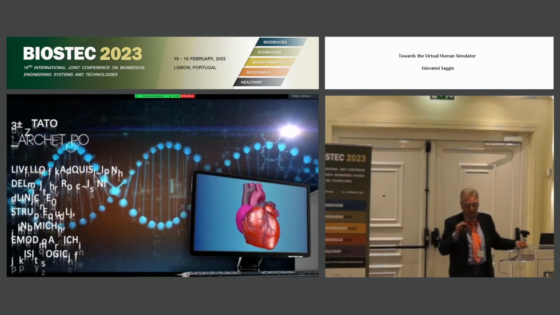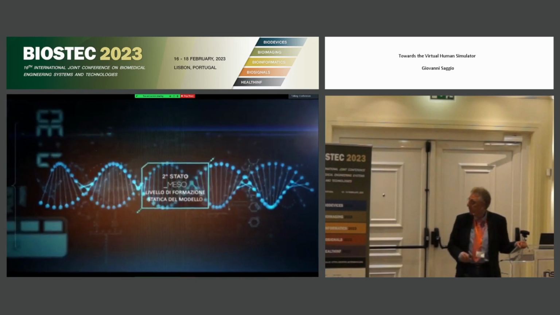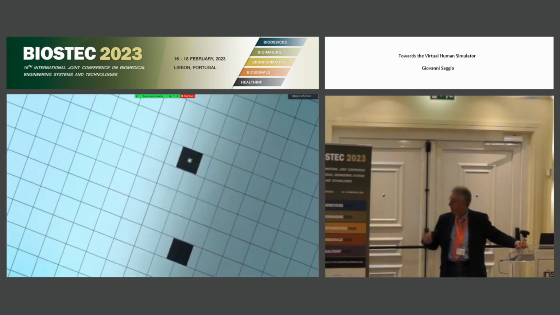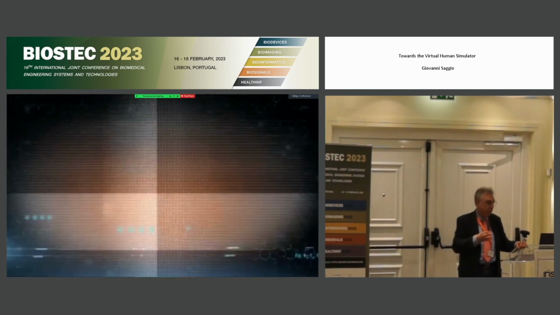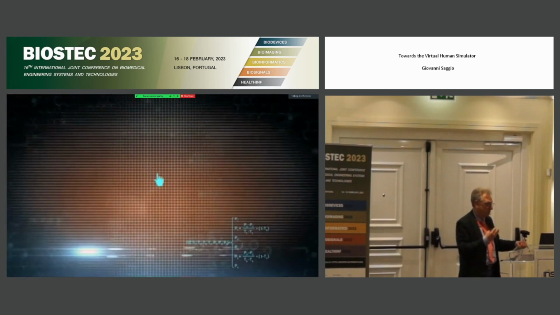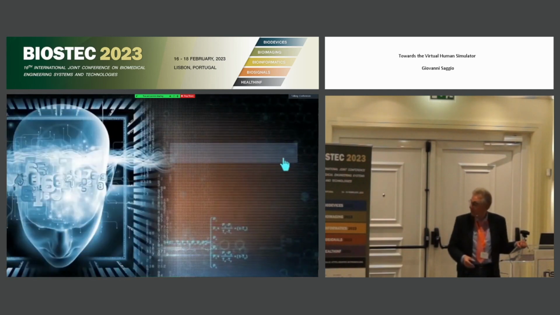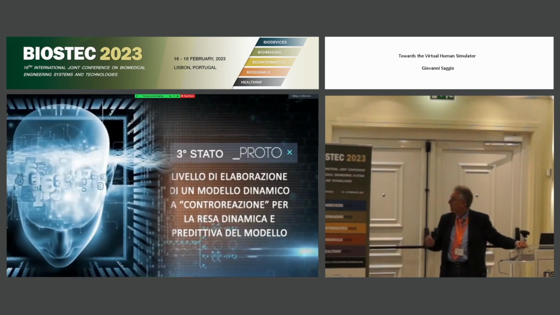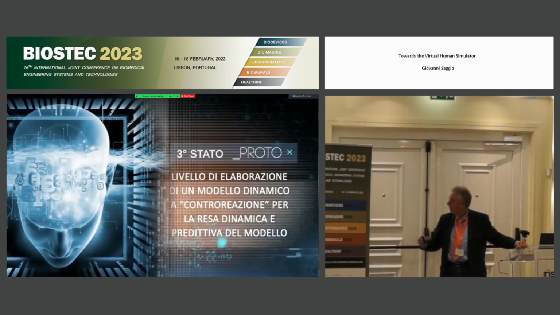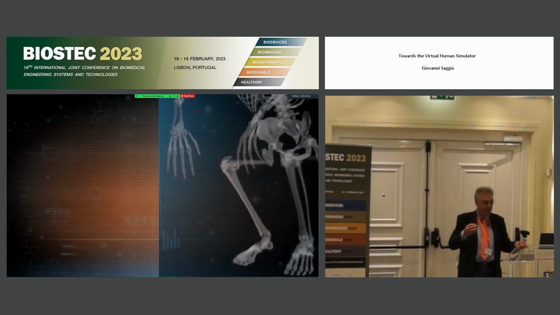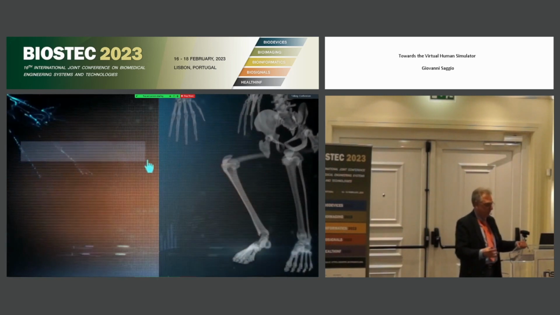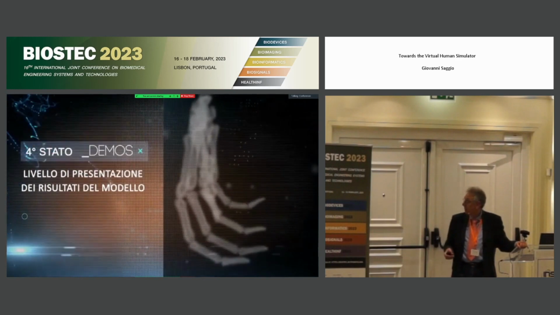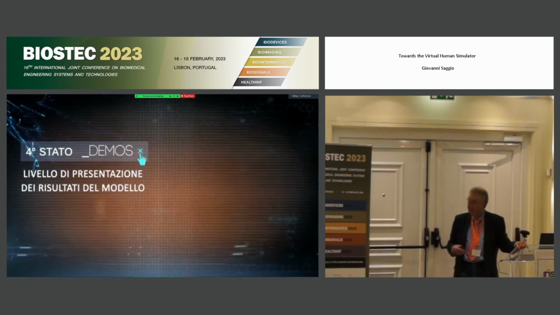The source can be of any type. A second step is the level of model that we want to introduce, because we have to model something, of course. The third step is a prototype, a dynamic model as a feedback of what is going on in the model. And the fourth stage is the level of representation of the results.